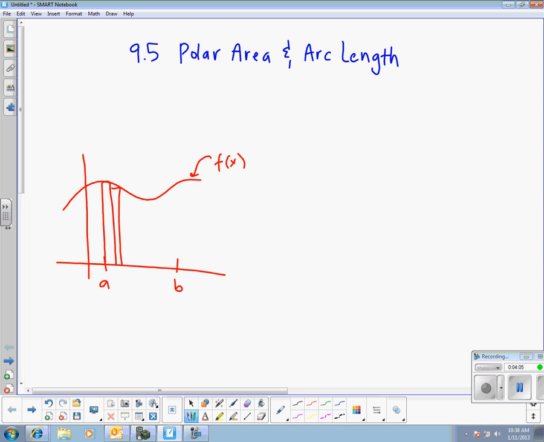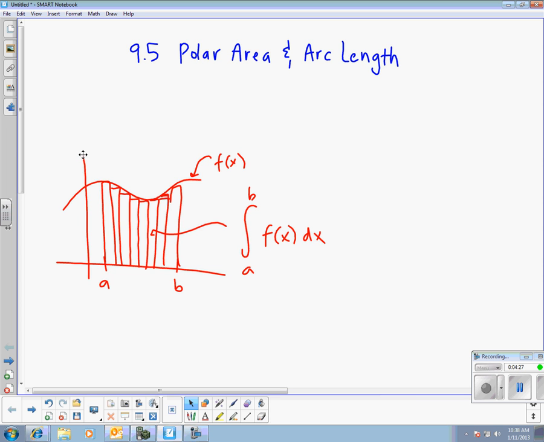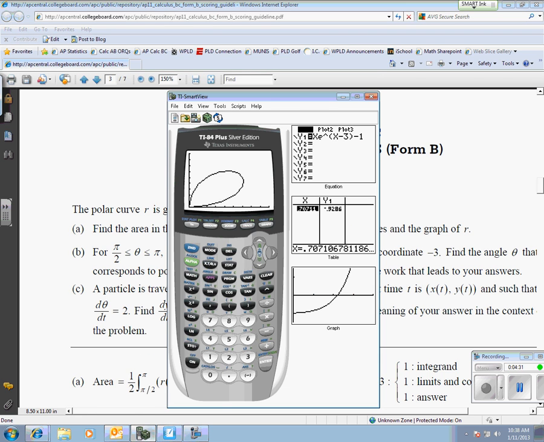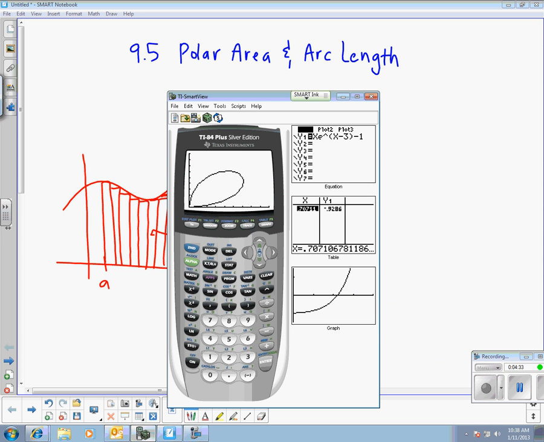And you're letting those rectangles get infinitely thin, and using the limit process. That's not today's topic, but just to refresh your memory, we get the exact area. So this area would be the integral of f of x with respect to x from a to b. I just want to refresh your memory on that to bring up some connections between that and polar area.